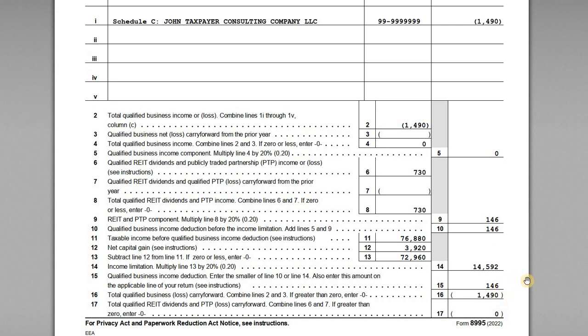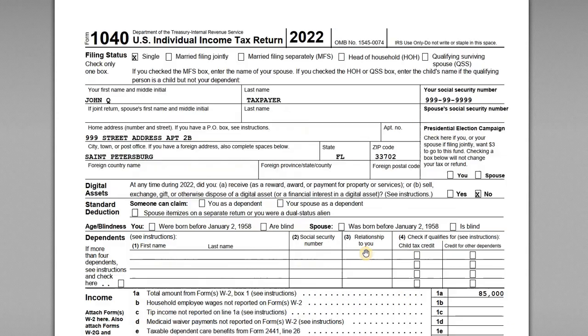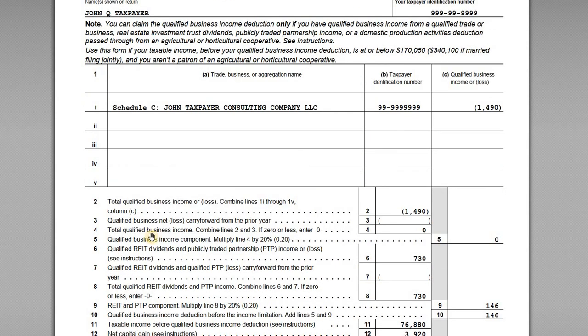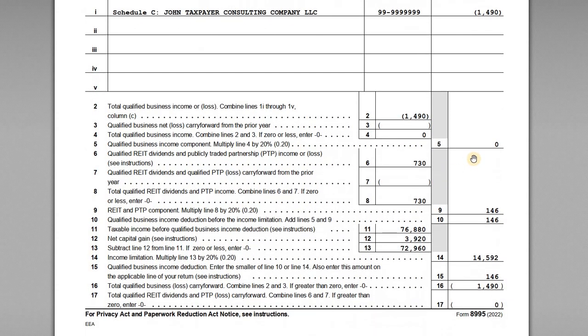So the $146 is simply reported up here on page 1 of the 1040. So we can see on line 13, qualified business income deduction, and there's his $146 deduction. All right. Now, what's also really important to remember here is to accurately be tracking these carry forwards.